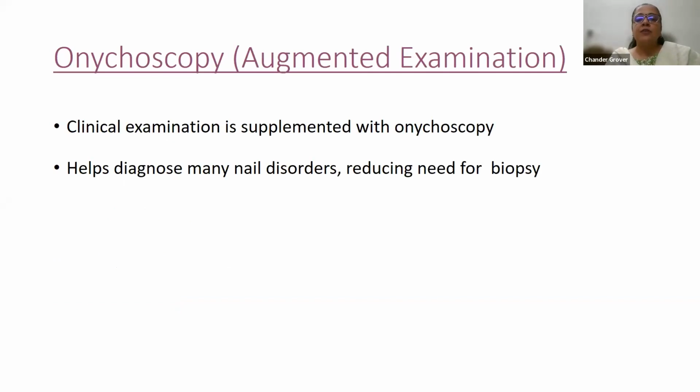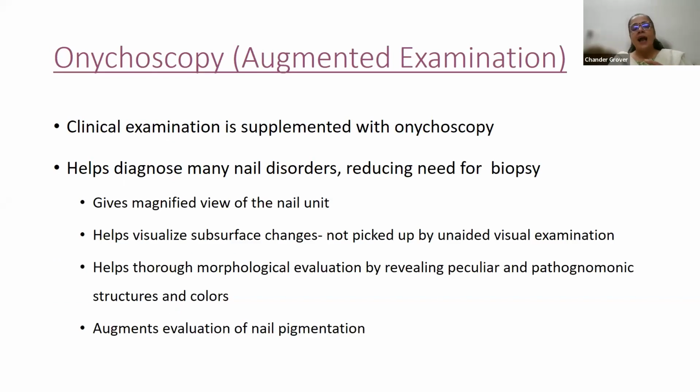Onychoscopy, we know, is an augmented examination where you're going to supplement and see these changes in more detail. And it is in fact going to help you visualize subsurface changes not picked up by the unaided visual examination. This is something which we all need to be conversant with, because after all, you should always remember the nail plate is translucent.